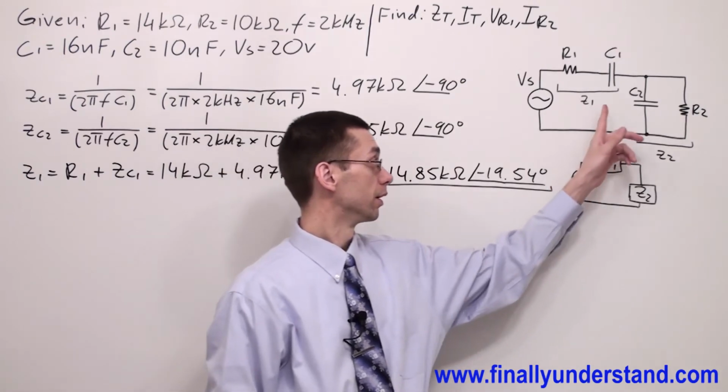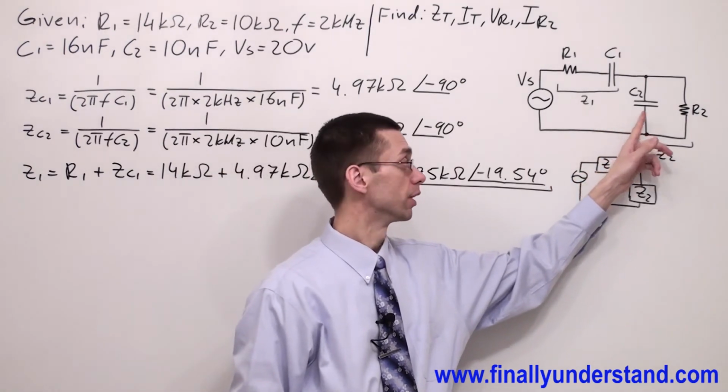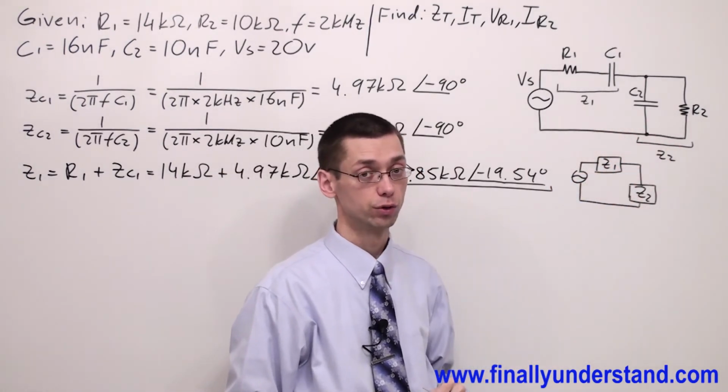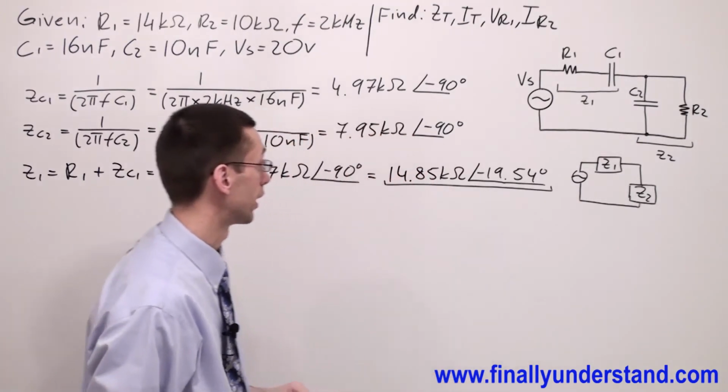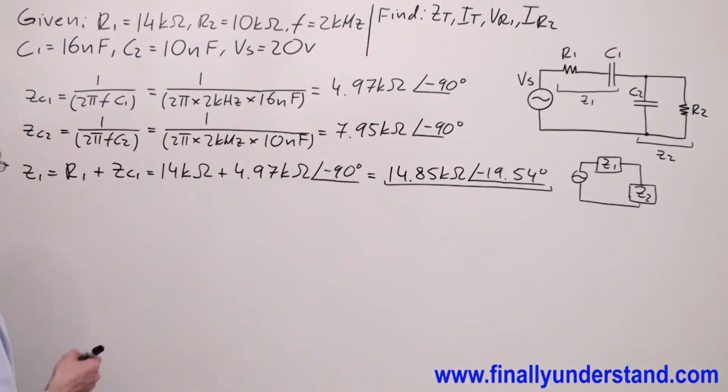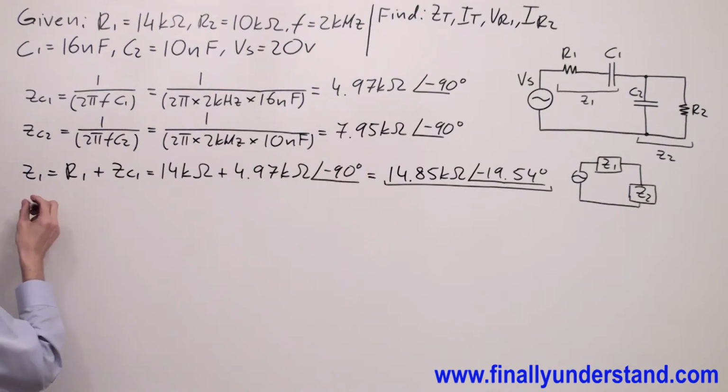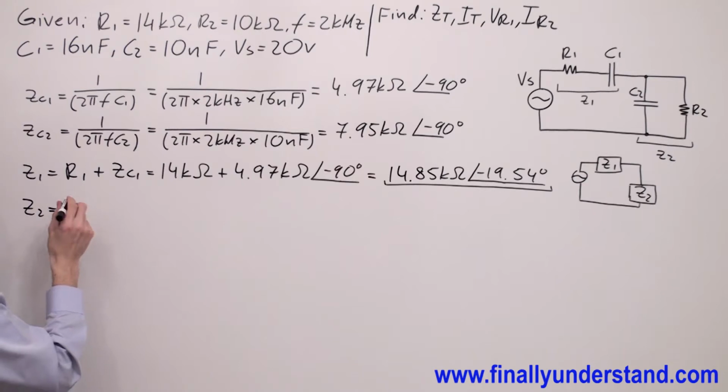So this is the impedance of these two components together. Next, capacitor C2 and resistor R2. These two components are connected in parallel. That's why we're supposed to use the formula Z2 equals, because we have two components, you can use the product over sum.